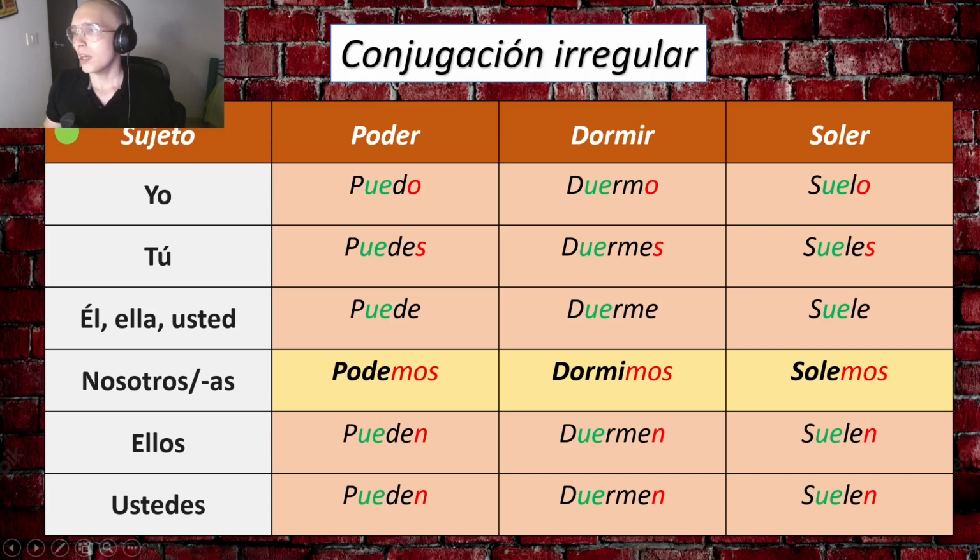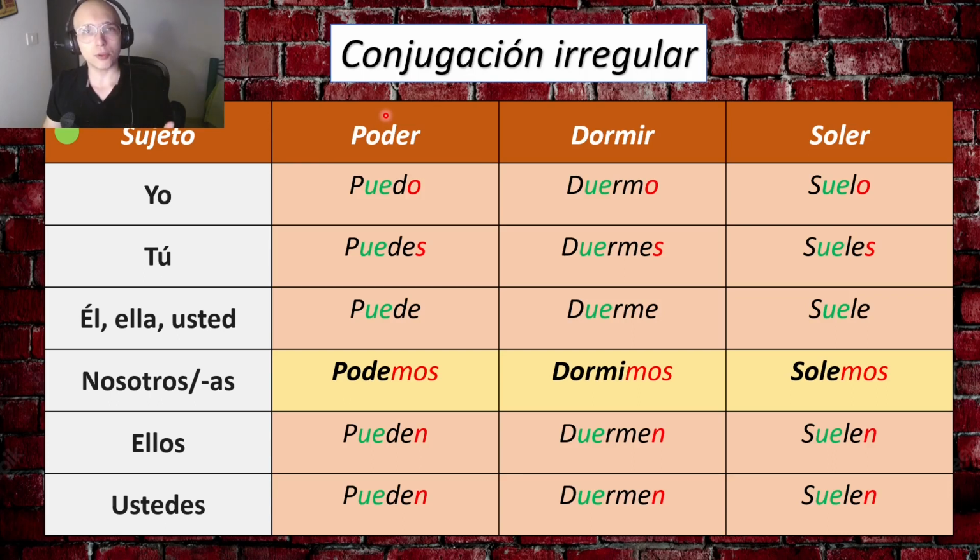Now, let's see something. After the verbs poder, can, and soler, to usually do, we normally use another verb. For example, when we say I can eat, we say yo puedo, and then we say the verb eat in the normal form. Yo puedo comer, I can eat.